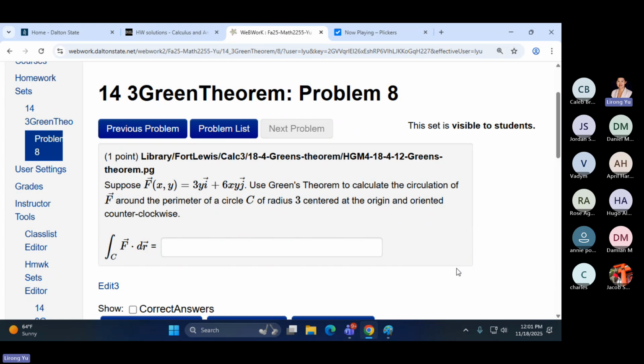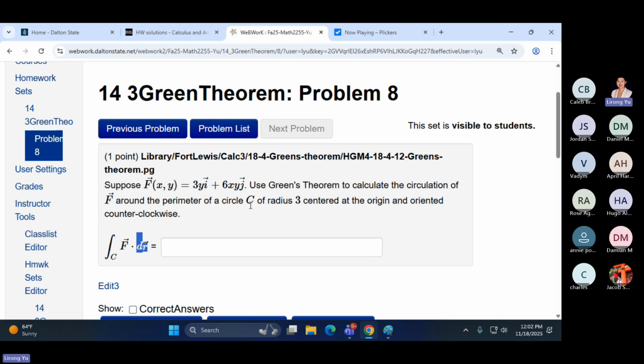Now, it is possible to just go ahead and do the calculation of the circulation directly. The line integral has an r, and r will be a circle of radius 3. So x equals 3 cosine theta, y equals 3 sine theta. Then your dr will be the derivative: -3 sine theta and 3 cosine theta, times d theta.